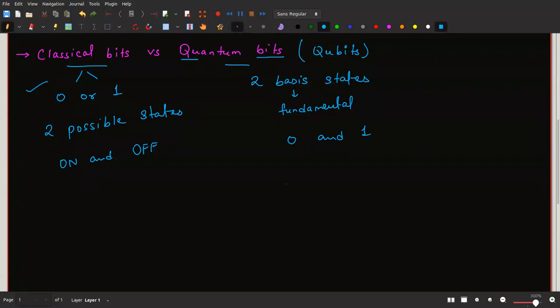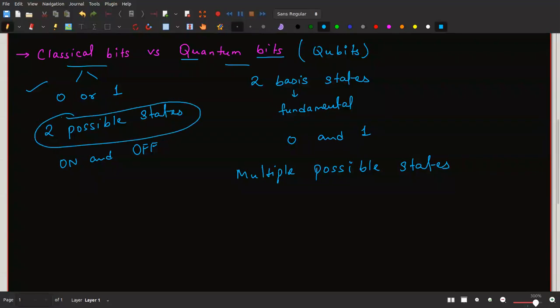The difference lies in that qubits have multiple possible states, not just 0 and 1.